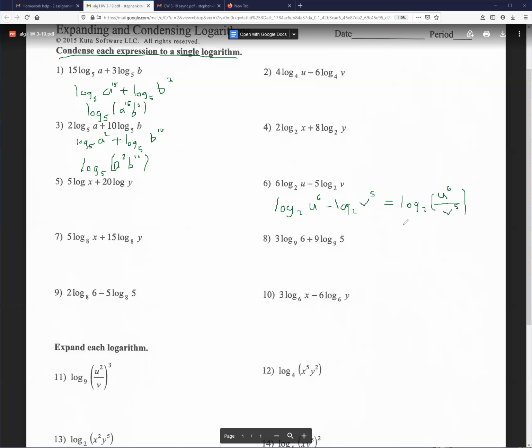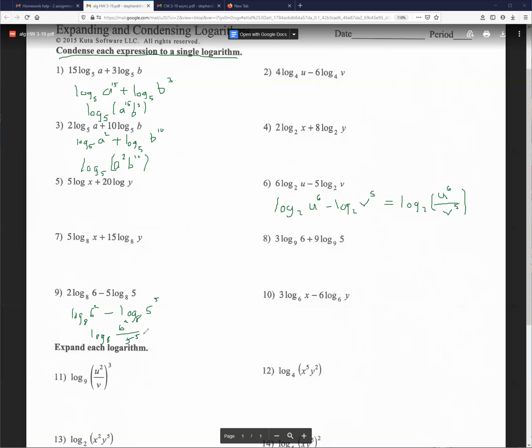All right, last one I'm going to look at is one of these ones that just has numbers. So I'm going to look at number 9. We're going to have log base 8 of 6 squared minus log base 8 of 5 to the 5th, which is the same thing as log base 8 of 6 squared over 5 to the 5th.